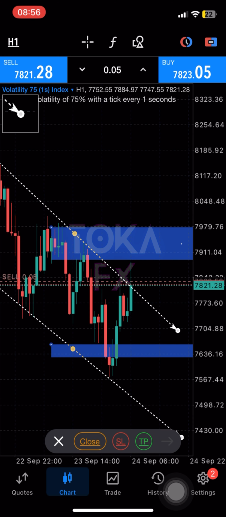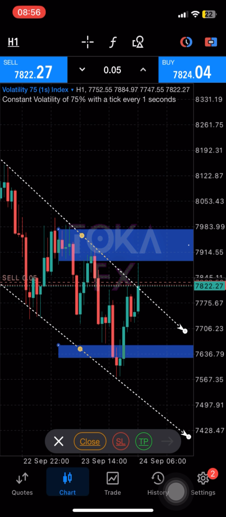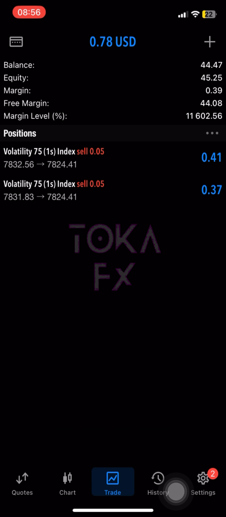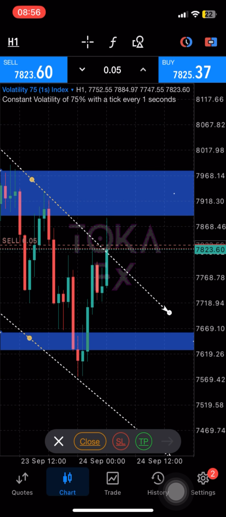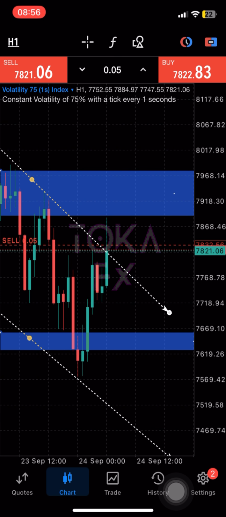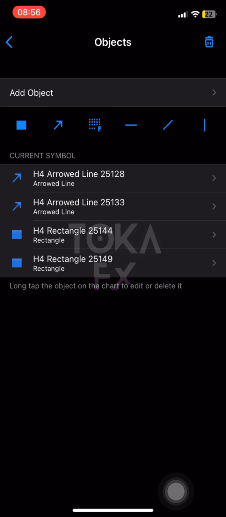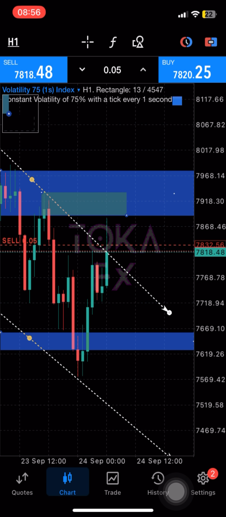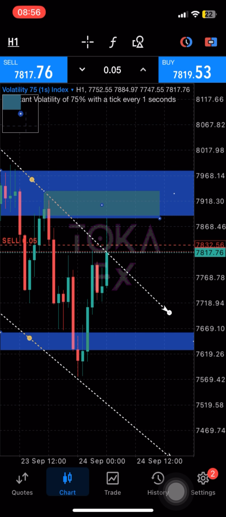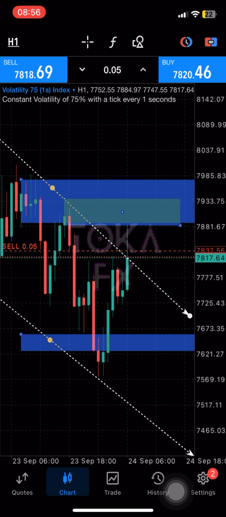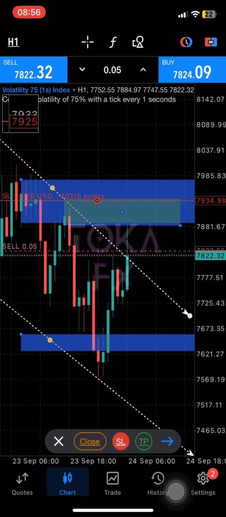It will push back inside the trend line, giving us a nice sell. So at the moment, the market is just playing around there, and it's 8 in the morning, and I'm just waiting for the next 1 hour candlestick to open at around 9 a.m.